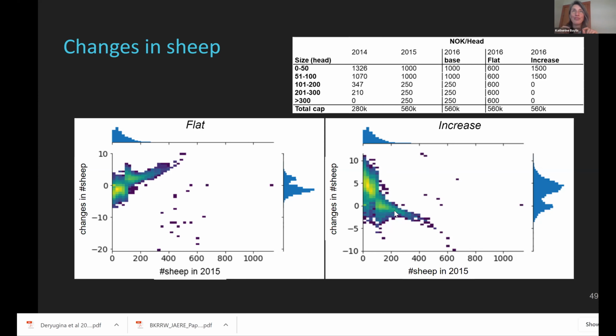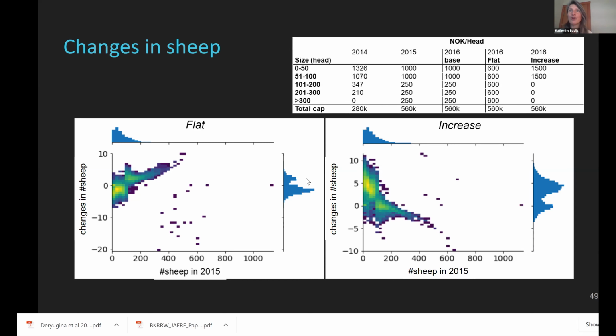There are some individual cells that one would probably want to try and understand, like, what's going on with these guys. But what's kind of cool is that we're not going in and saying that there needs to be a cut point at 100. We're saying that given this policy simulation, this is what our neural network model, based on prior responses to subsidy changes, would predict. So it's picking up stuff that seems to make sense in terms of sheep production, and that may not be that exciting on its own.